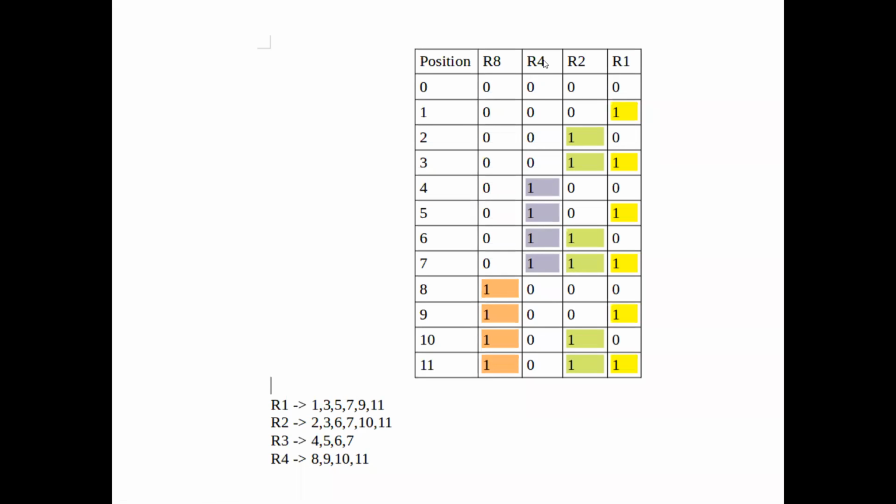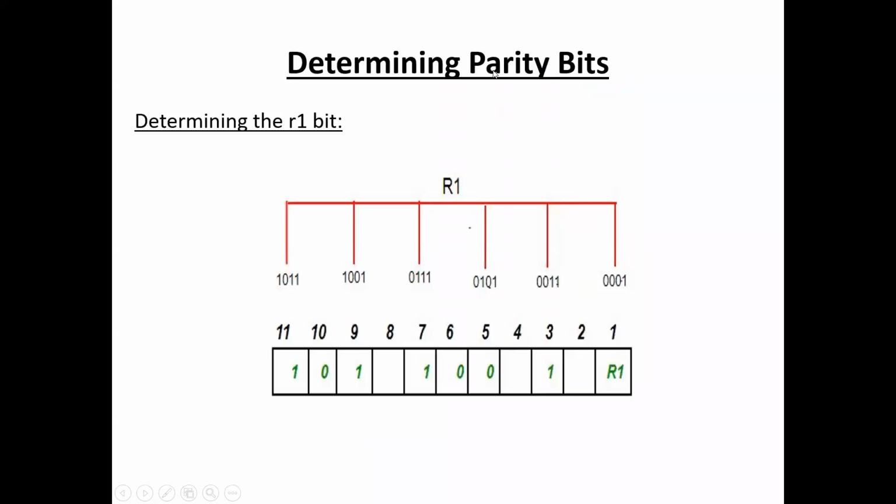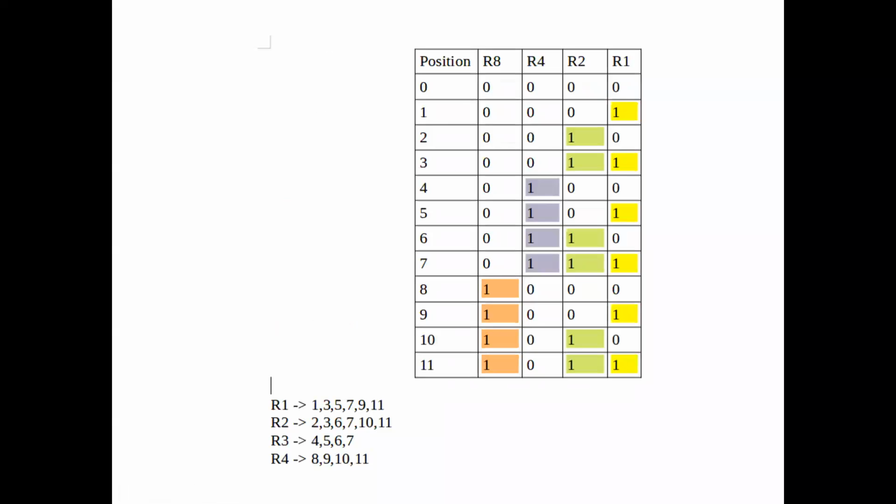So for R4 we take the third position from the least significant bit. For R8 we take the fourth position from the least significant bit. So for R1 we take the positions whose binary representation has least significant bit 1.